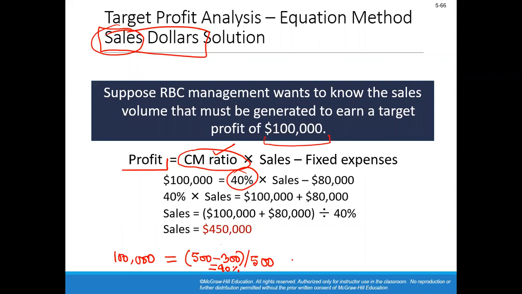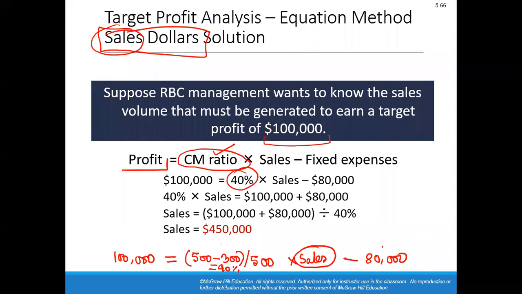Okay. So you see, if we take the contribution margin ratio and multiply this by the sales amount, remember, I do not know the sales dollar, I like to know the sales dollar. That's why it is unknown. And I know my fixed expense is 80,000. So what can we do?